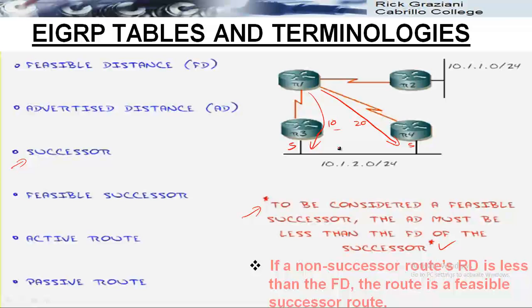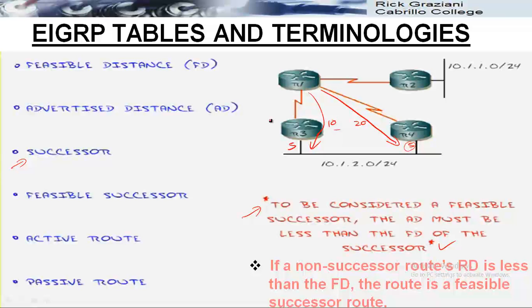That route will not go into the topology table if it doesn't meet the feasibility condition. And that condition simply means that your advertised distance, in this case 5, has to be less than the feasible distance of the successor.